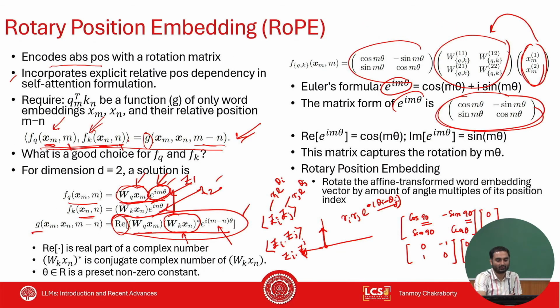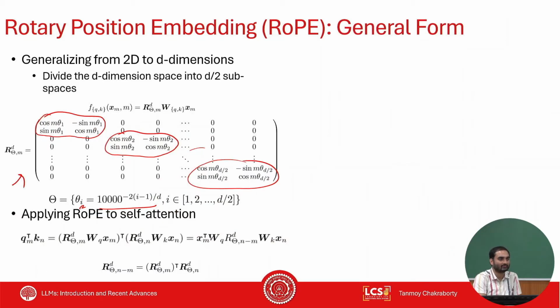Look at the formula carefully. Are we learning something? We are not. W's are trainable parameters, that is already there. We are not learning the position information at all because theta is already given. Theta depends on i.